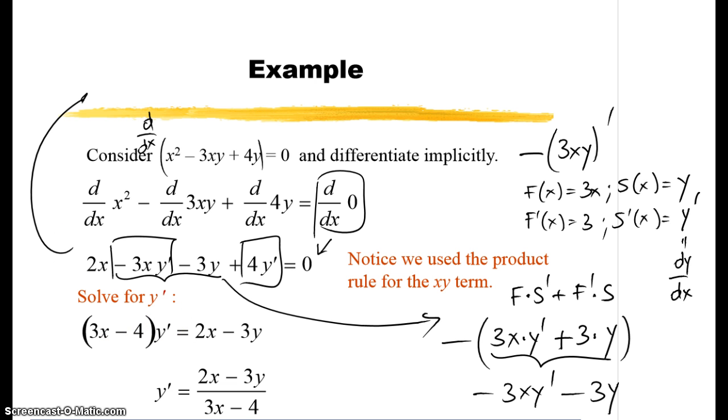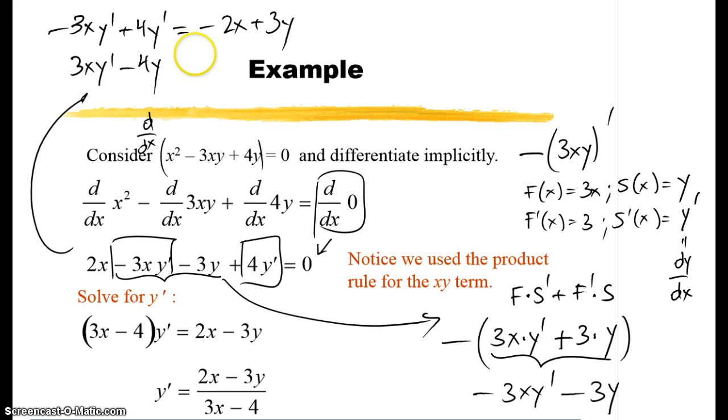Let me show you on the side what happened. So we have negative 3x y prime plus 4y prime equals negative 2x plus 3y. Right? I moved 2x and negative 3y to the other side. But then we're going to multiply both sides by negative 1 just to change the sign so that they match the solution here.